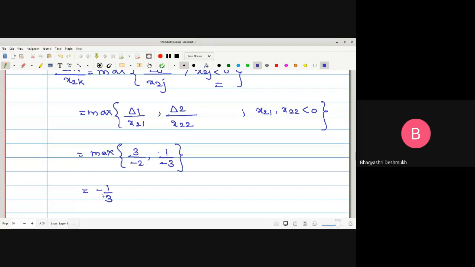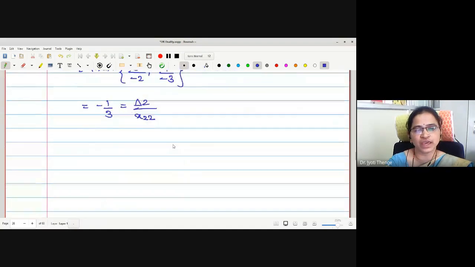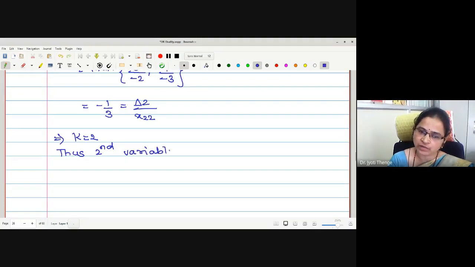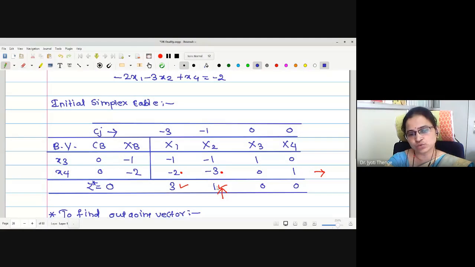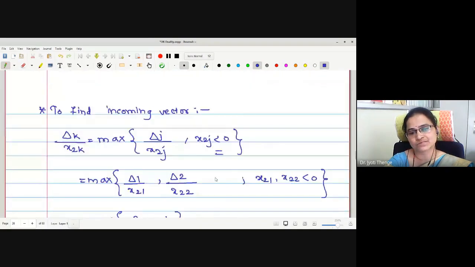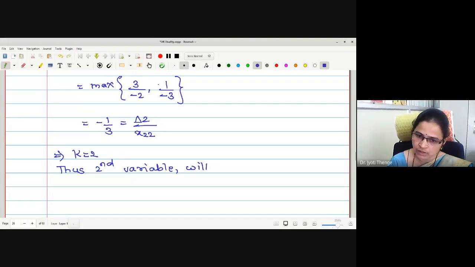Minus 1 by 3 is the maximum, which corresponds to delta 2 upon x22, no? Therefore, what is the value of k? K is equal to 2. Thus, the second variable. What is the second variable? x2, no? Yes, sir. The second variable will enter the basis.